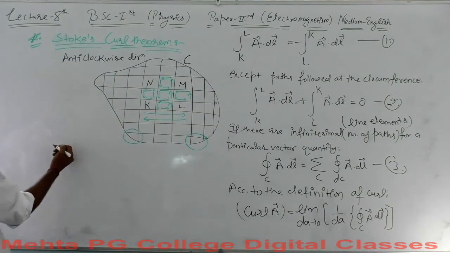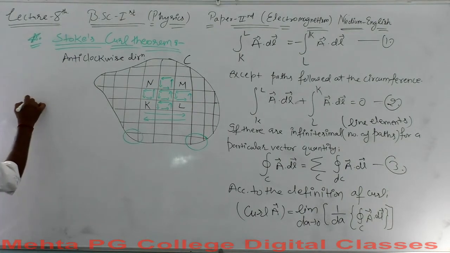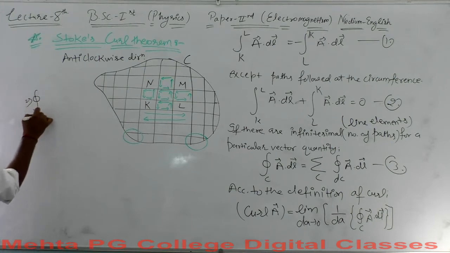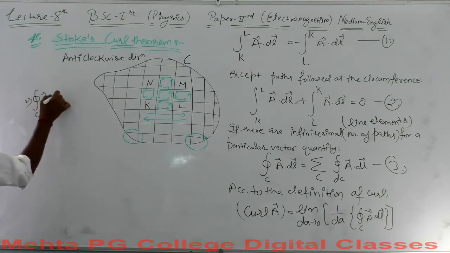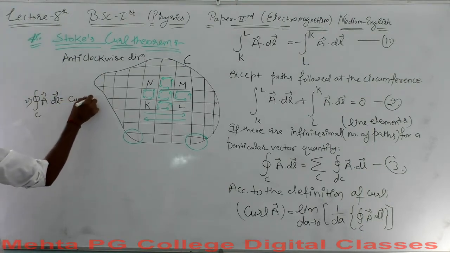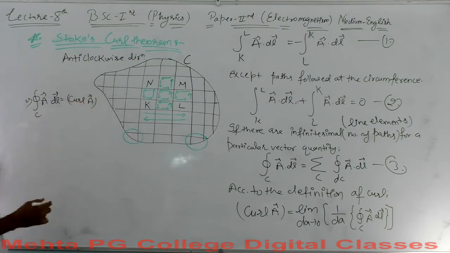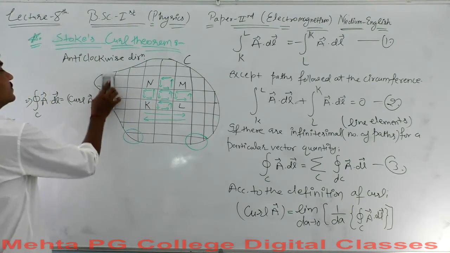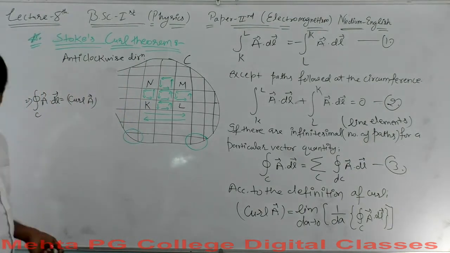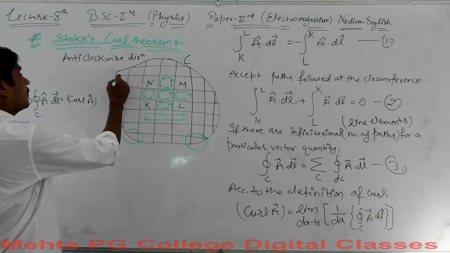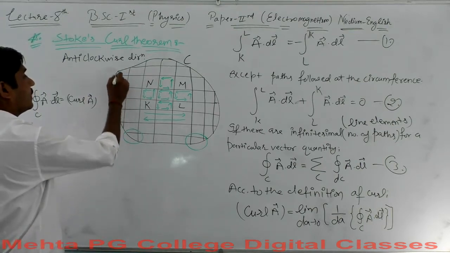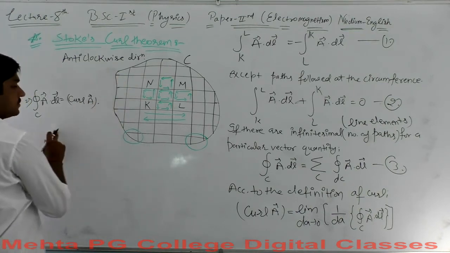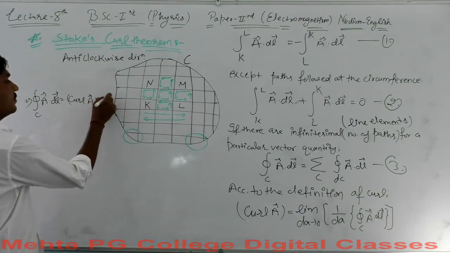This definition can be improved by saying that the closed loop integral of a vector quantity A along the path dl equals the curl of A vector dot the dA vector.